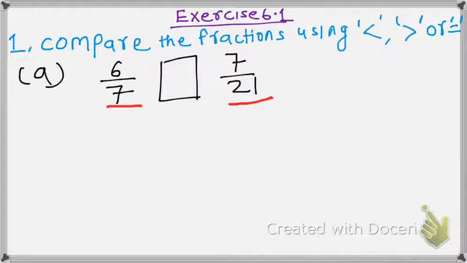What is like fraction? In like fraction denominators are same. So how will you make denominator same? To make denominator same, you have to find the lowest common multiple, which means the lowest number which comes in both the table of 7 and 21.